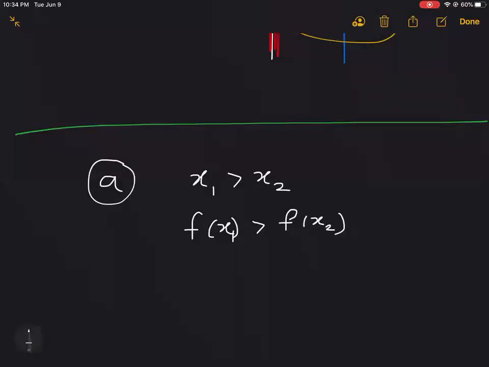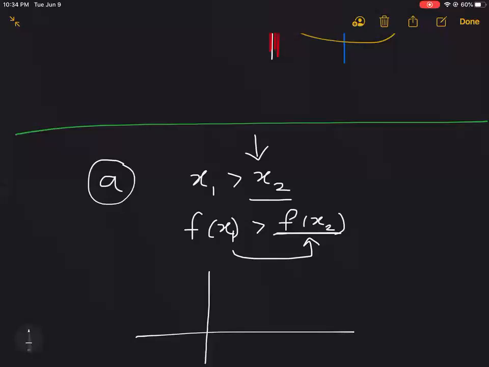So if you are actually decreasing your value of x, and in return you are getting a lower value for the function, the corresponding value of that function is also smaller. That means as you are moving towards your left, as you are lowering your x, your functional value is also getting lower. We say this is decreasing.